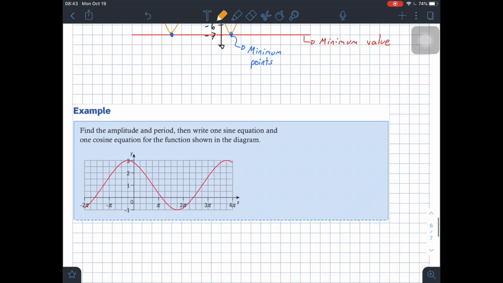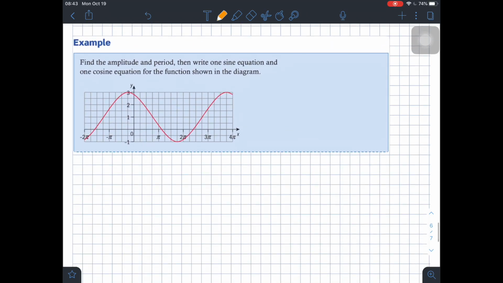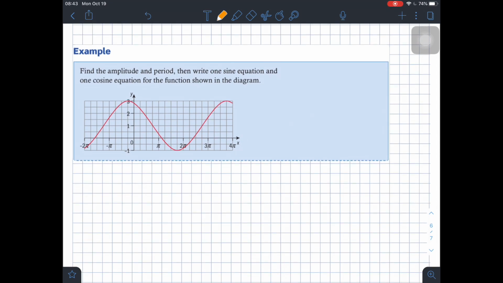So finally, we're going to see this last example in which we're going to do the opposite. We're now given the graph and we want to find the equation of this graph over here. So it says, find the amplitude and period, then write one sine equation and one cosine equation for the function shown in the diagram.